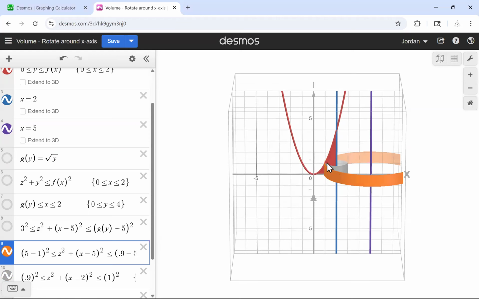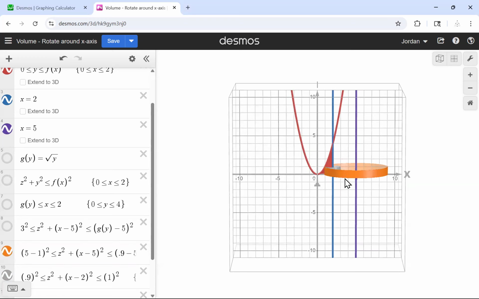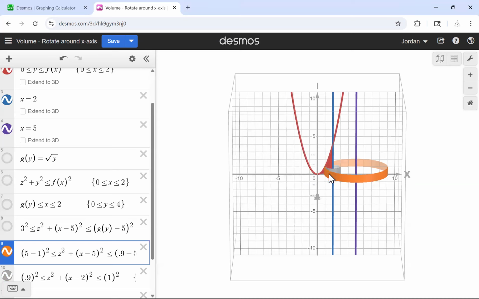But now if I rotate that same rectangle around the line x equals 5, I'm just getting a larger cylinder in terms of radius, but the heights of these cylinders are exactly the same. And I'm going to take cylinders all the way from x equals 0 to x equals 2 in order to get the total volume of the figure when I rotate around that line.